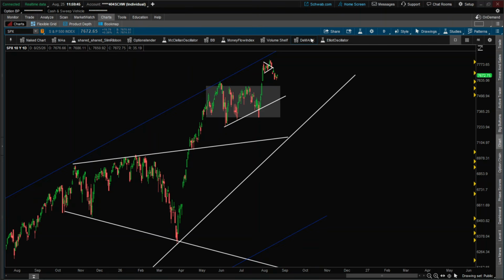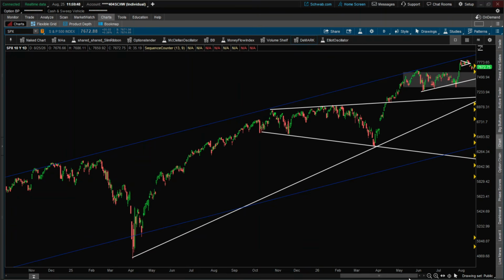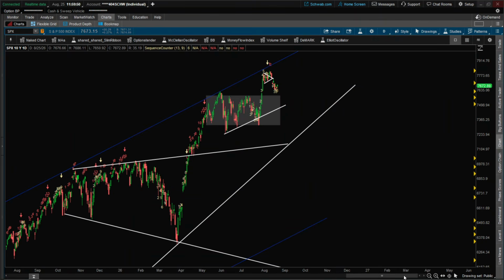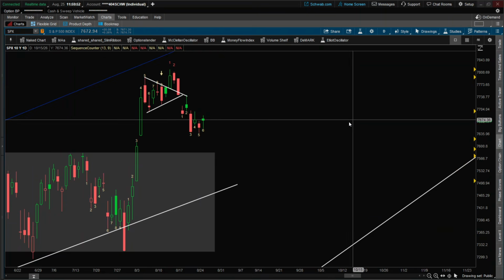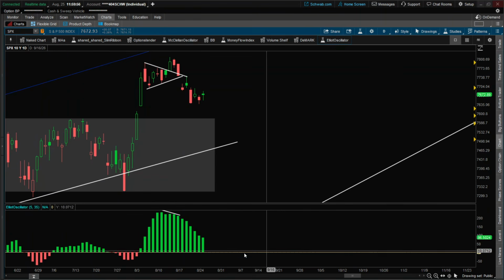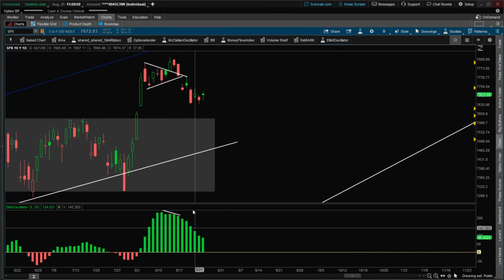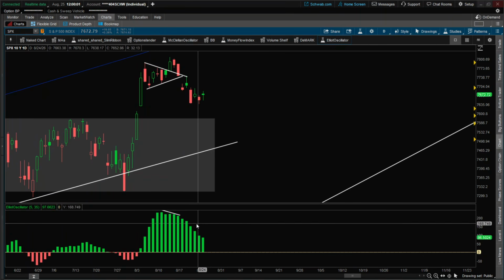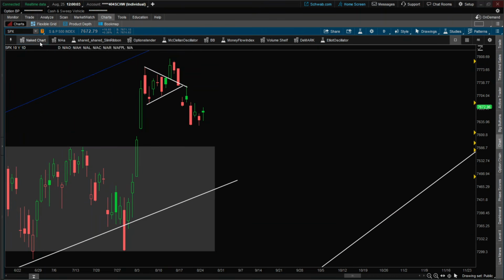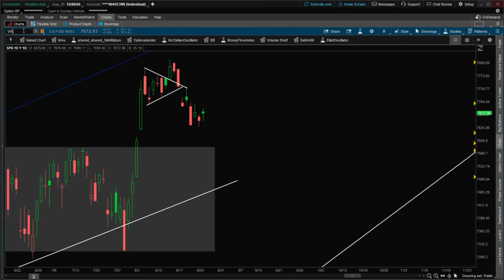And let's see if we have a DeMark, any sort of setup here. We have a 6 count, no real setup. Elliott oscillator. Again, if we do go make a new high, we should see a lower high in this oscillator. Let's go to the VIX.